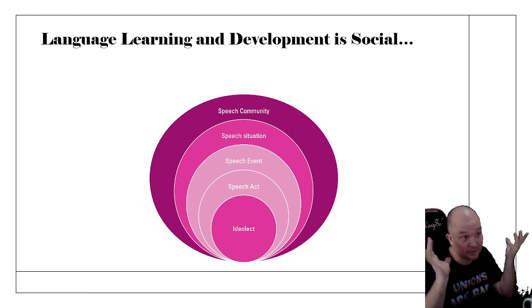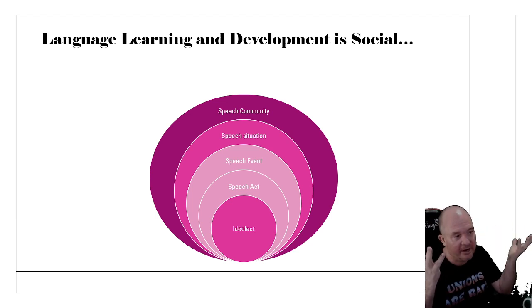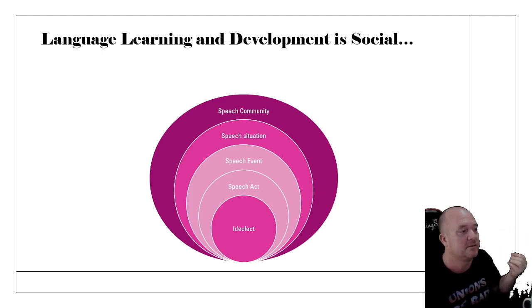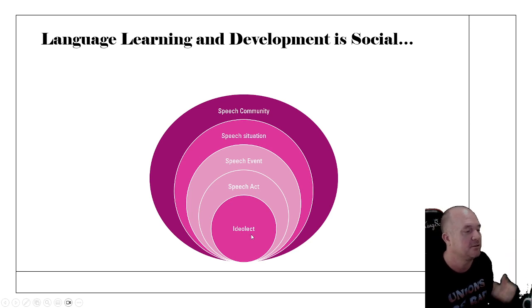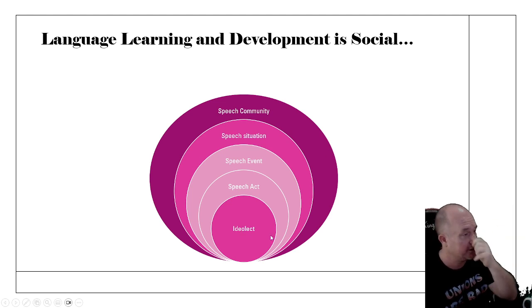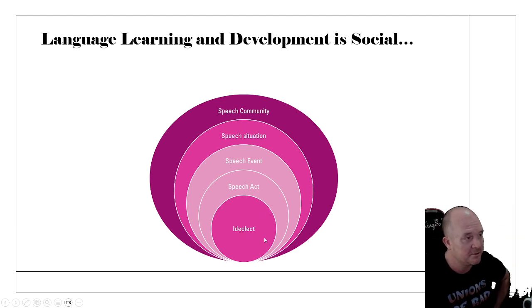So that internal narrator that we might hear in our head as we're going about our life is initially a social aspect that gets internalized into our cognition. So even the very aspect of our idiolect is coming from a larger external social world. And so these are the different layers of the onion to get to the person speaking or listening or reading or writing.